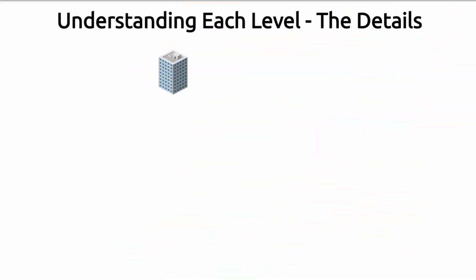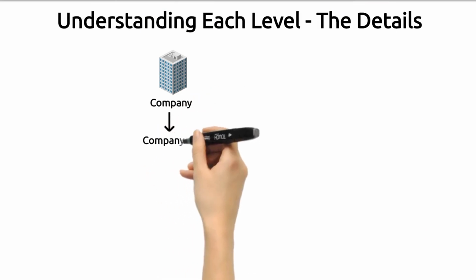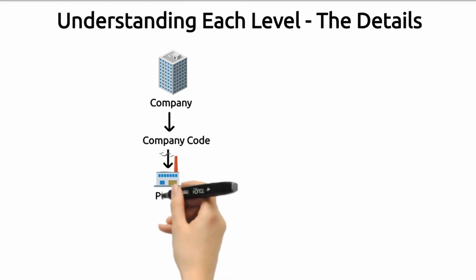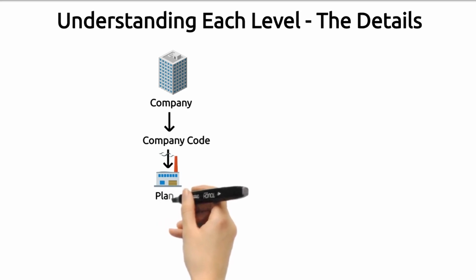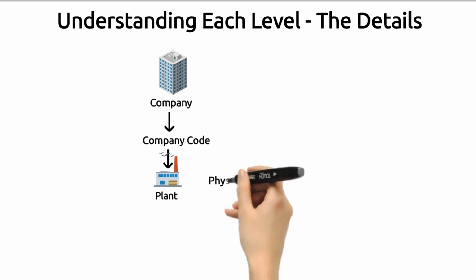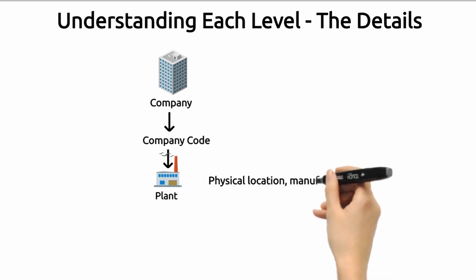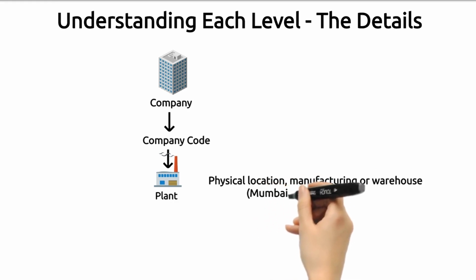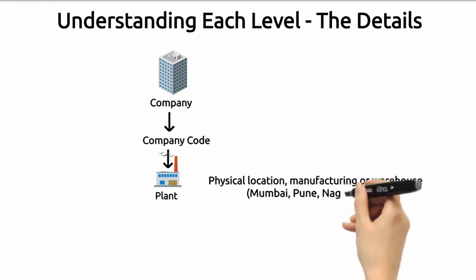Level 3, Plant. A plant is a physical location, a factory, warehouse, office, or distribution center. Each plant is where materials are physically located and where business processes happen. ABC has 3 plants: Pune Manufacturing, Mumbai Office, and Nagpur Distribution Center. Plants are under a company code and help track inventory by location.